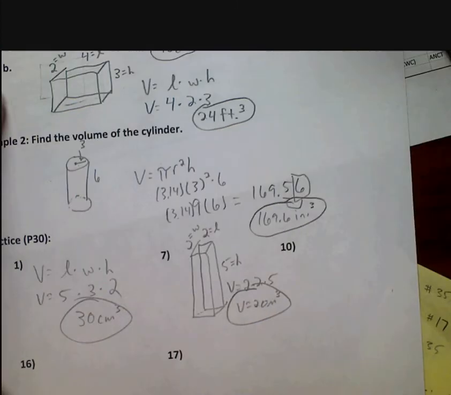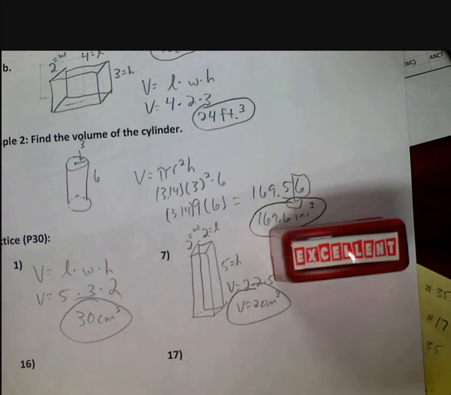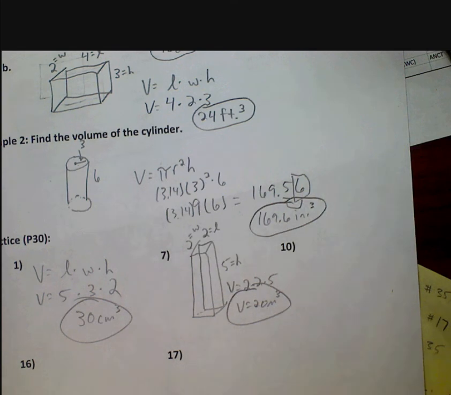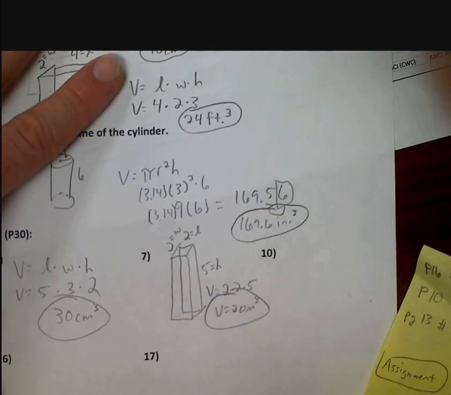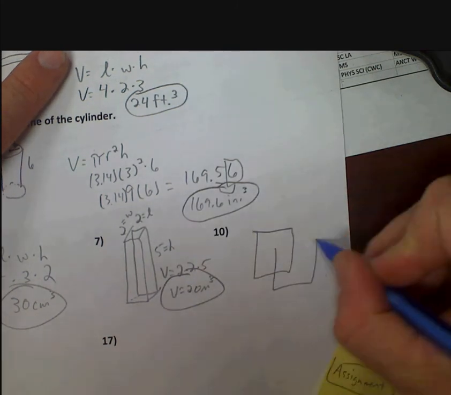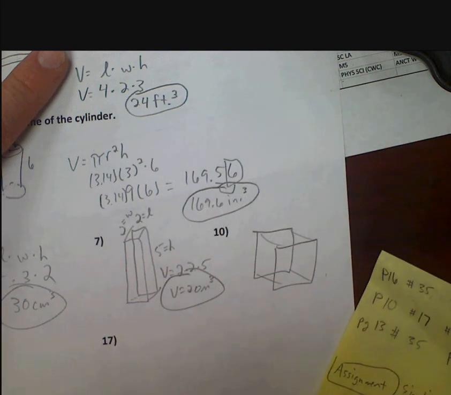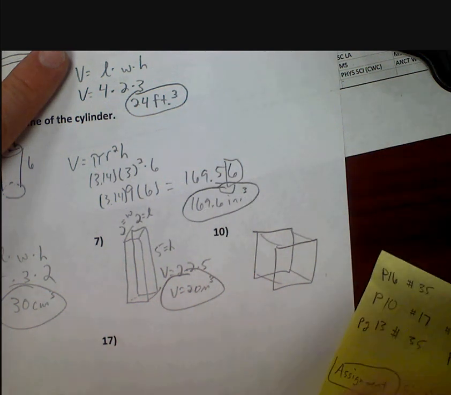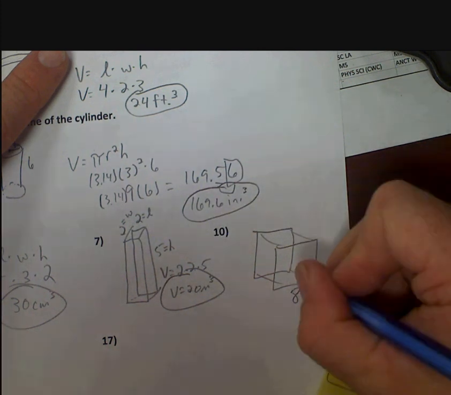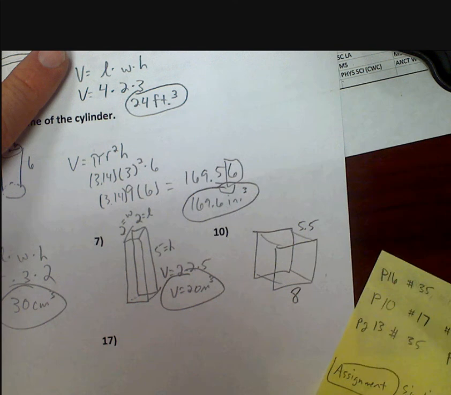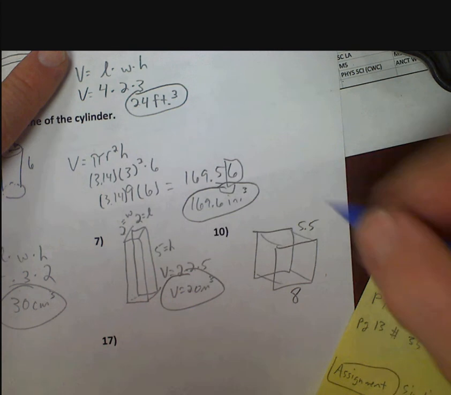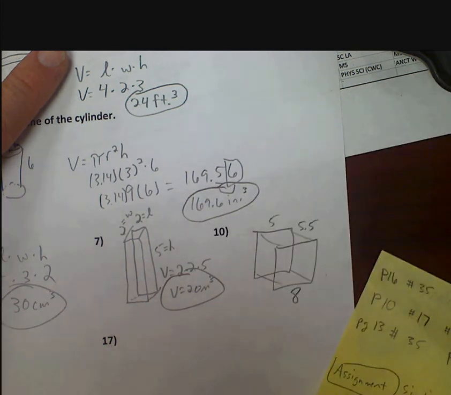Go ahead and try number 10, pause the video and try. On number 10, an aquarium. An aquarium is the shape of a rectangular prism. Okay? So an aquarium is 8 feet long, 5.5 feet deep. That would be my width. And then 5 feet wide. So deep is depth.